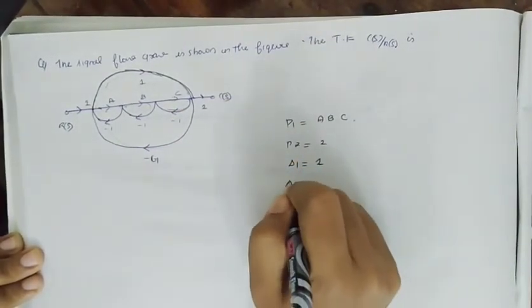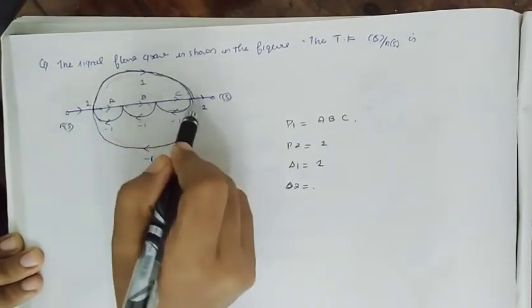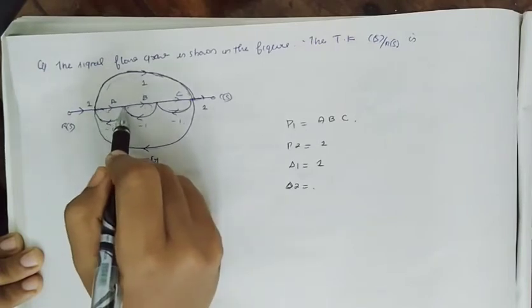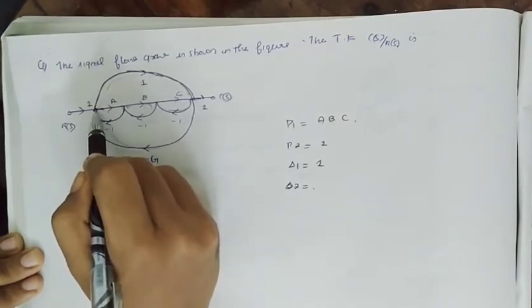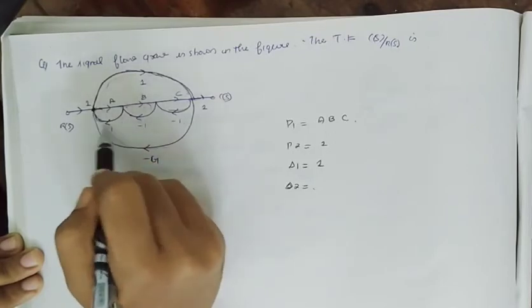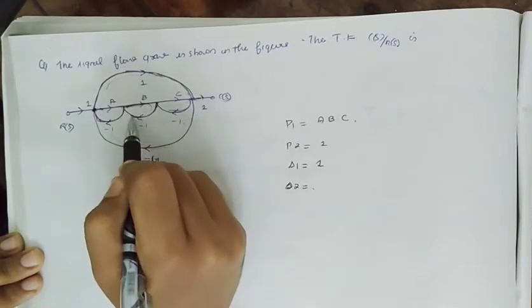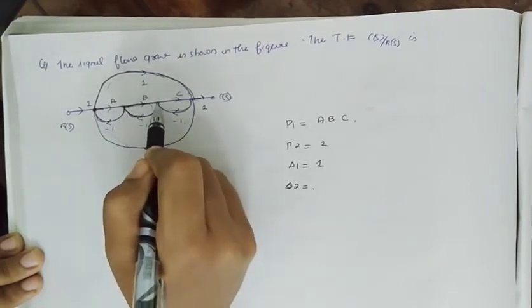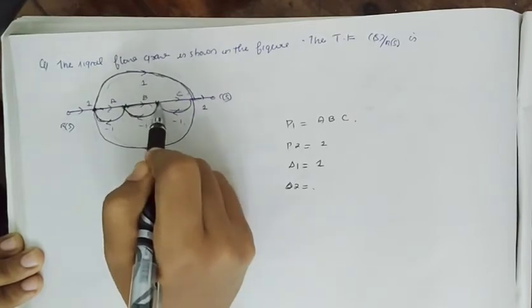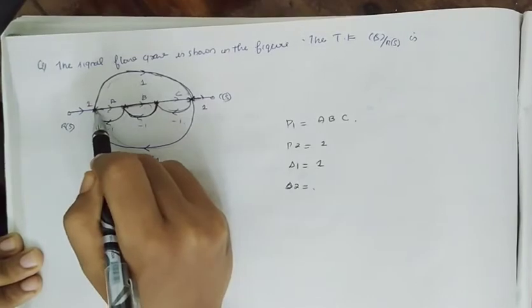And what is delta 2? Is there a non-touching loop? This is a forward path. Okay, this is connected to this one, which has a common node, so this loop is connected. But see this loop, minus B loop. This loop has one node here and one node here, but this forward path has one node here, one node here.